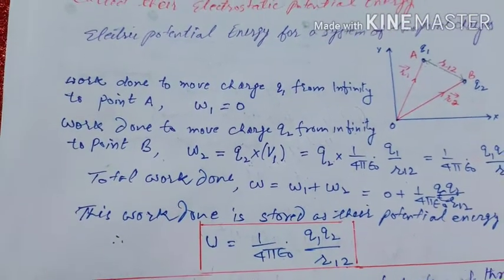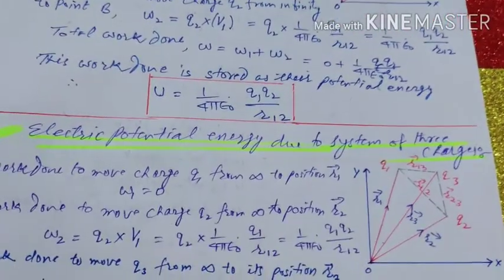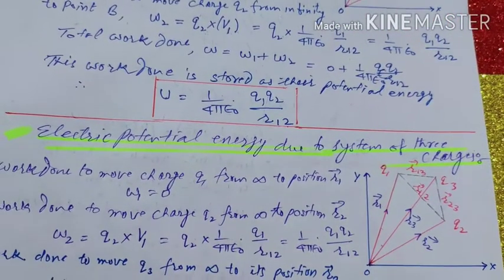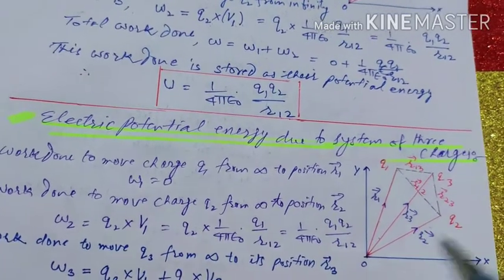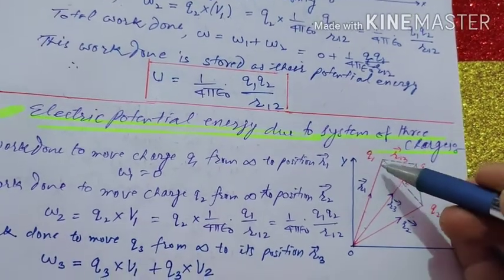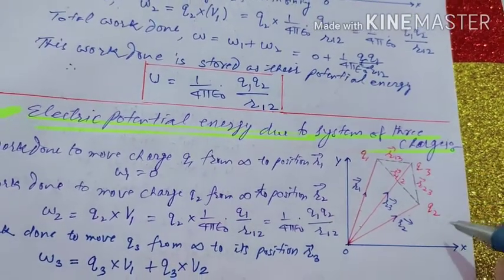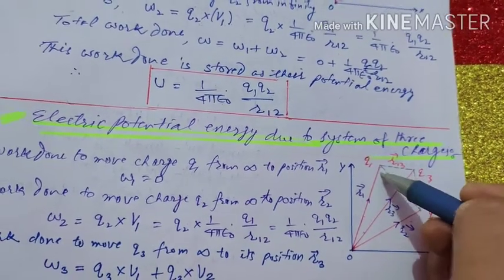Now if instead of two charges there are three charges, then for a system of three point charges, these are the three charges Q1, Q2 and Q3. Suppose first I bring Q1 here; as no Q2 or Q3 is there, there will be no work done.